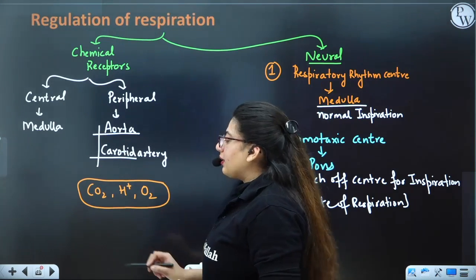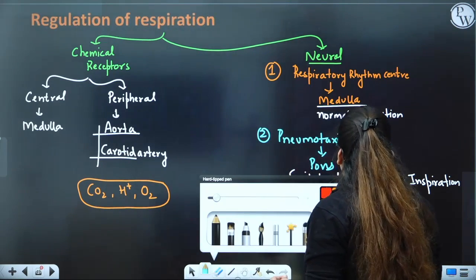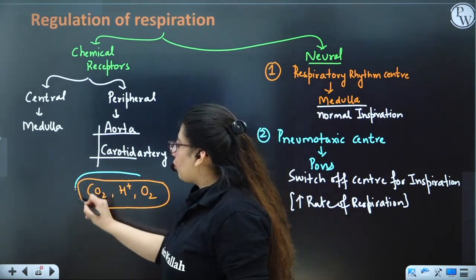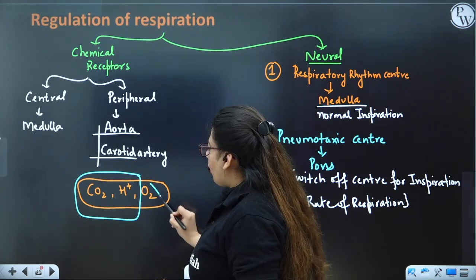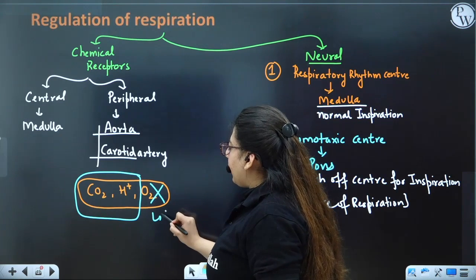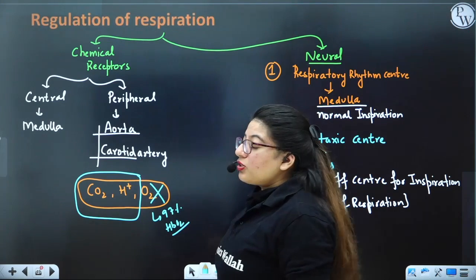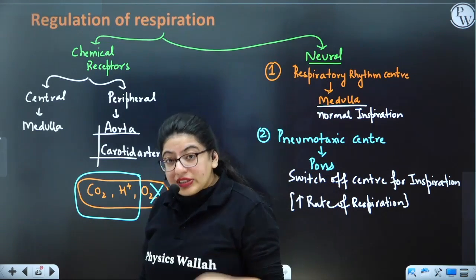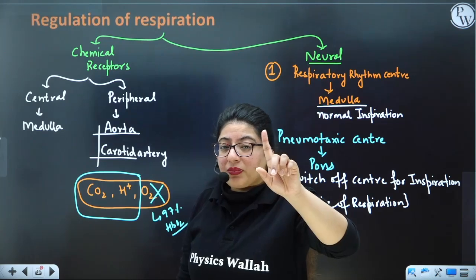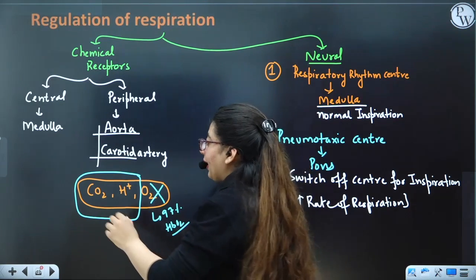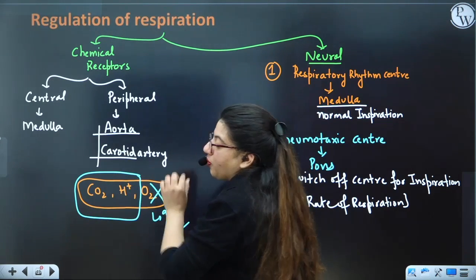Out of these, your chemoreceptors can only detect CO2 and H positive ion, not oxygen. Why? Because 97% of it is saturated with oxyhemoglobin, and chemoreceptors cannot detect that. They can only detect CO2 and H positive ions.